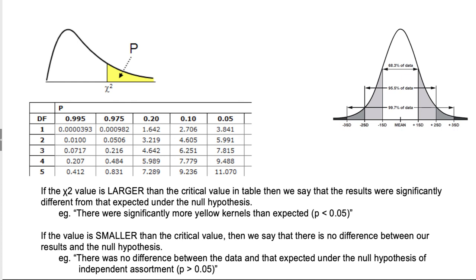And so we should accept the null hypothesis that independent assortment is in fact happening. Rejecting the null hypothesis would mean that independent assortment is not happening. Something weird going on tells us that independent assortment is not happening. So maybe they're located close together on one chromosome.